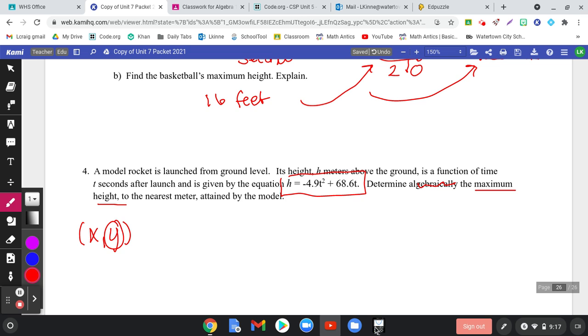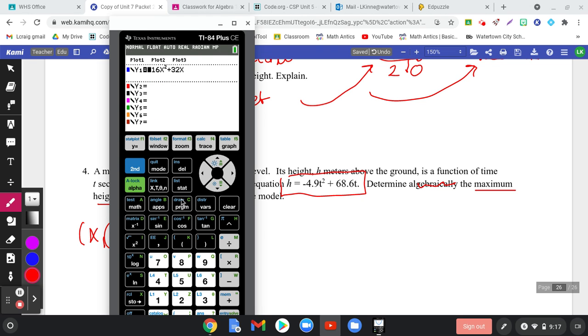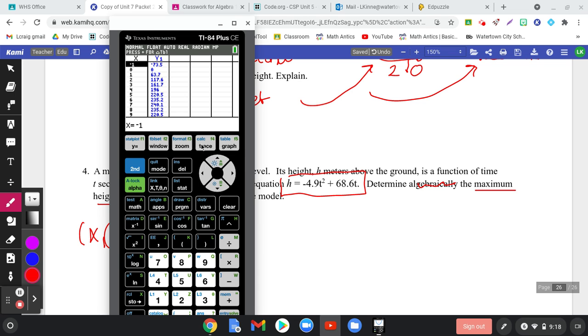Okay, so let's put it into the calculator and take a peek. Negative 4.9 x squared plus 68.6 x. Take a look at the table. Got a lot of numbers here. Look for where they repeat.